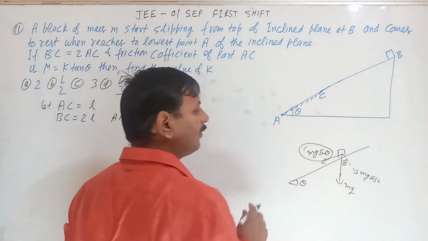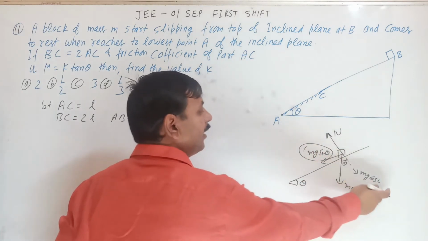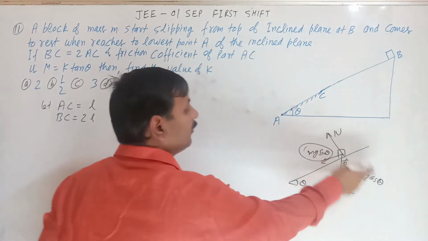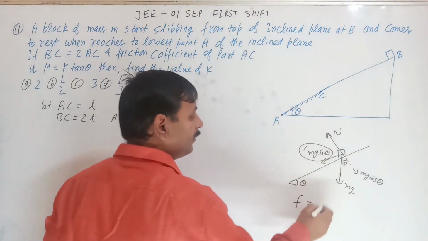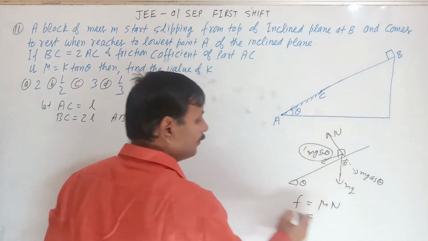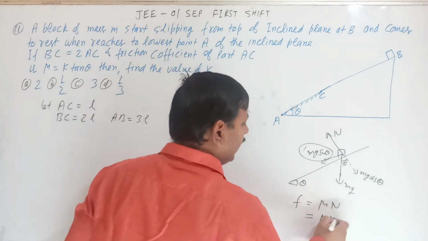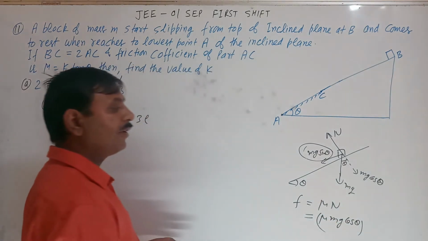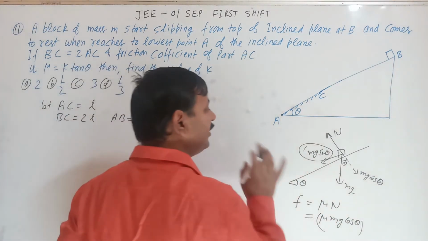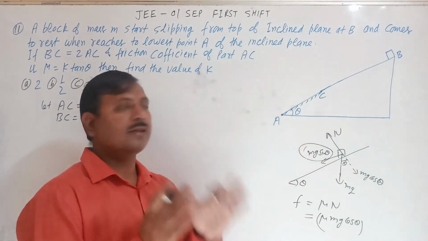And what is the friction force? The normal reaction N is equal to mg cos theta. So the friction force is equal to mu N, mu into mg cos theta. So this is the force acting by friction, and mg sin theta is the gravitational force acted upon the block.